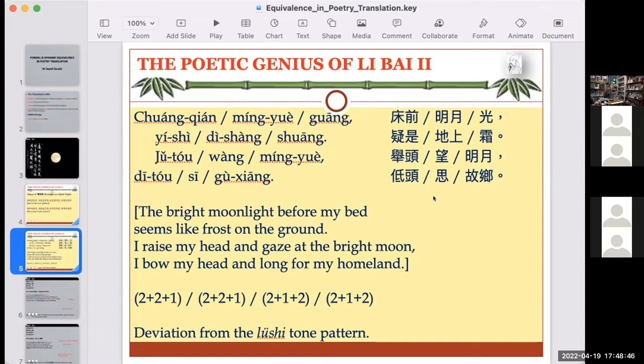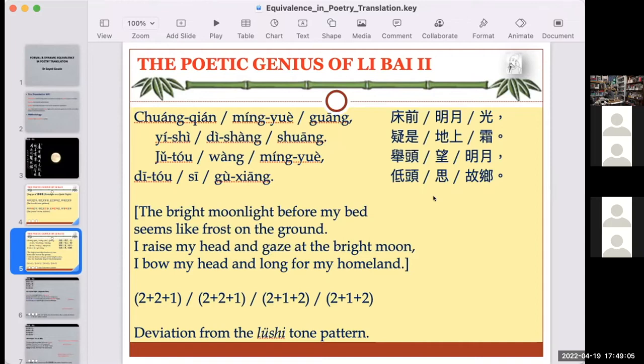Like in English, for example, iambic. Iambic is 2 syllables, ta-tum, ta-tum, ta-tum, and it's known that iambic is the rhythm of natural speech in English, and it was so also in ancient Greek poetry.